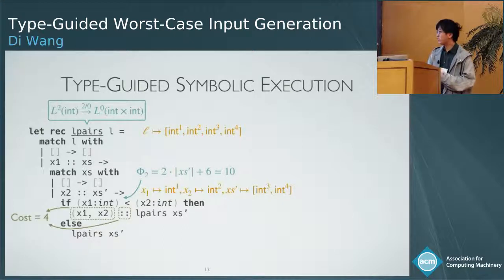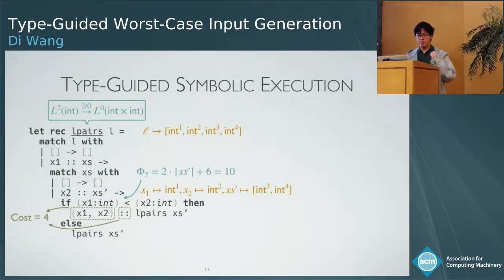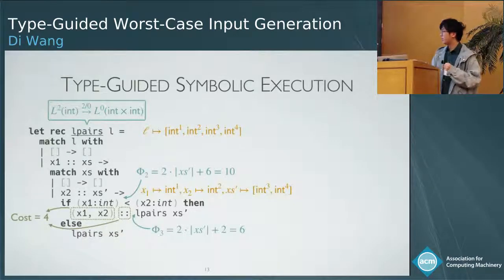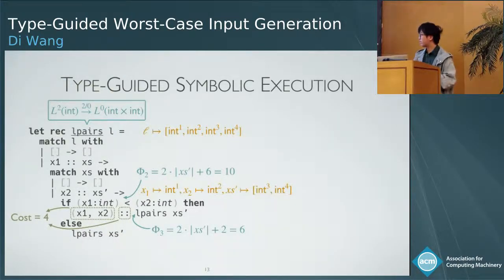And in the then branch of the conditional expression, we also know that the pair and the constructor will cost 4 memory cells. So after that, we'll have 6 units of potential left over, and this is exactly what is required to do the recursive call.